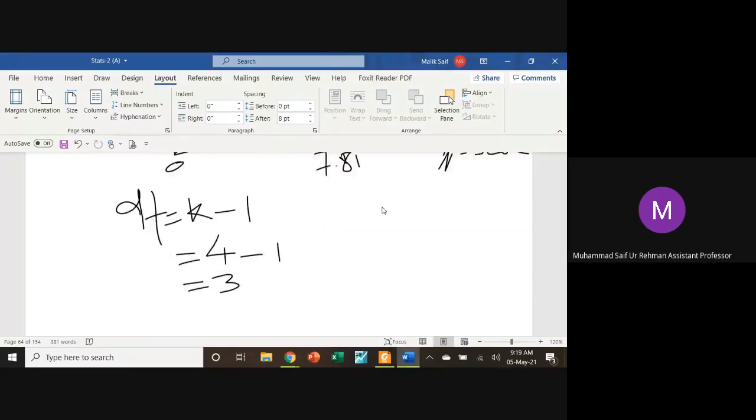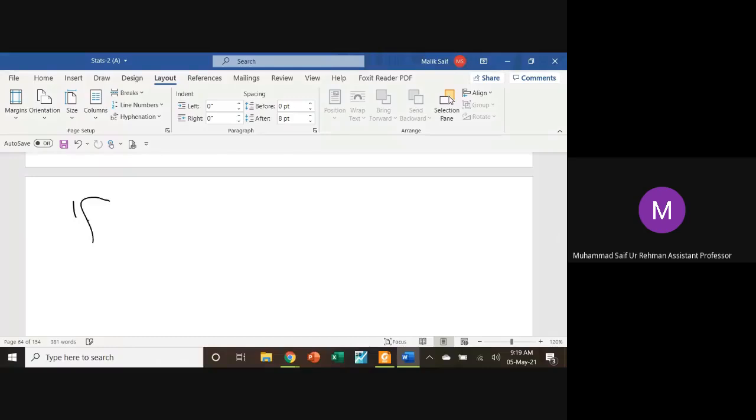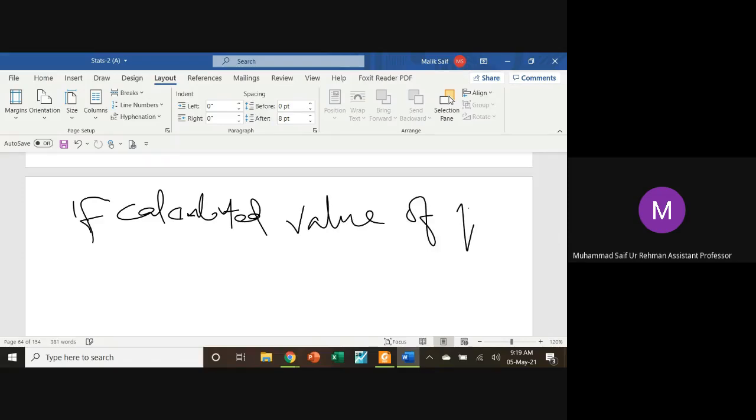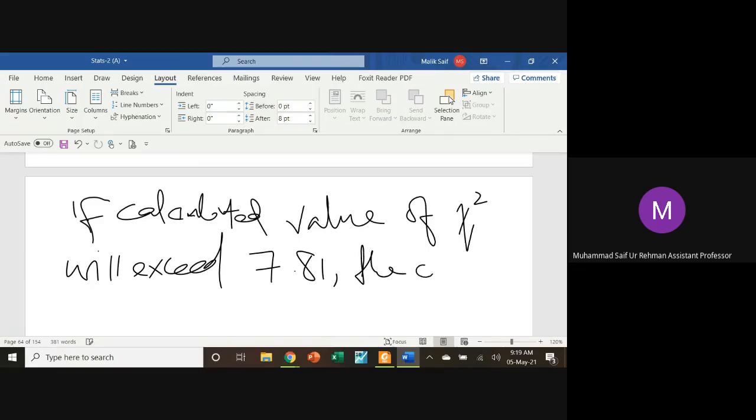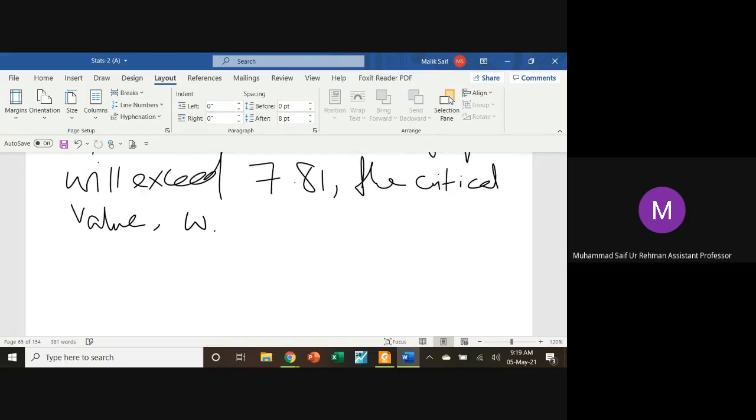Now you will write down over here: if the calculated value of chi-square will exceed 7.81, the critical value, we would reject H naught, the null hypothesis.